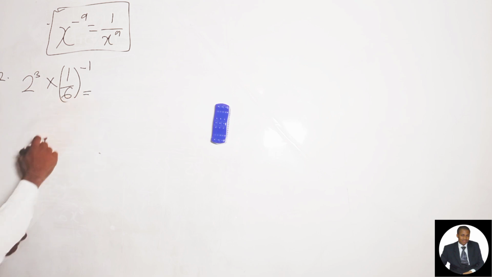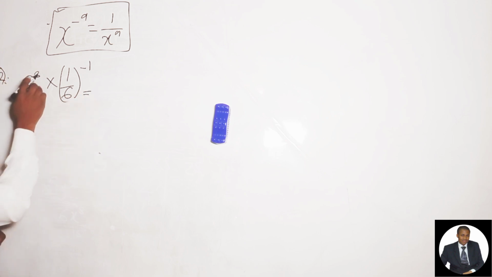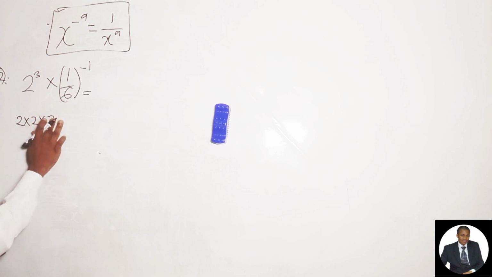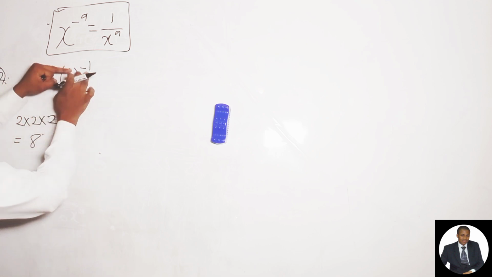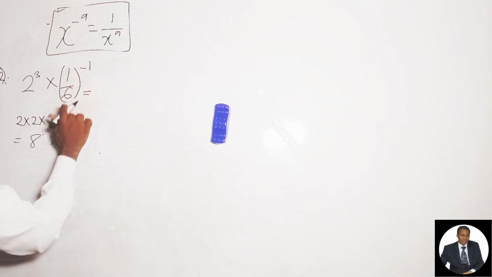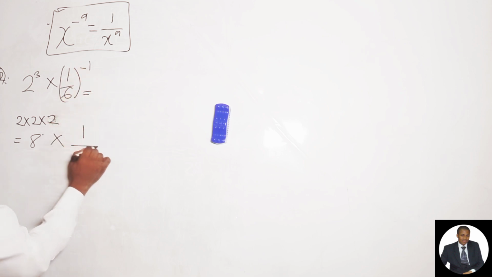What is this giving us? 2 to the power of 3, that's 2 in 3 places, that's 8, times. This is raised to a negative exponent, so it means the reciprocal.